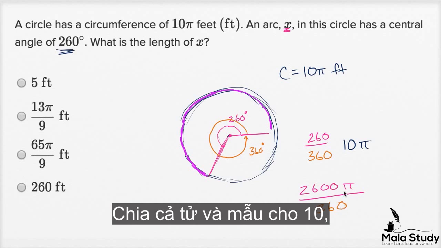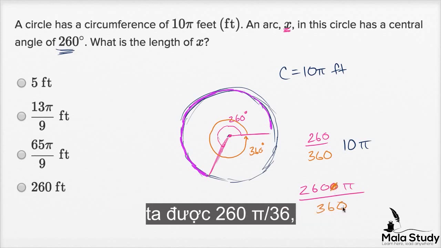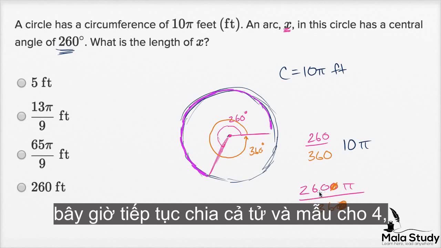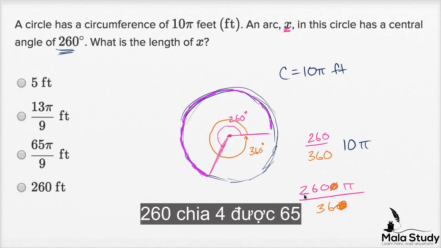If we divide the numerator and the denominator by 10, this is going to be 260 over 36. It seems like they are both divisible by 4. 260 divided by 4 is, let's see, 200 divided by 4 is 50, 60 divided by 4 is 15, 15 plus 50 is going to be 65.